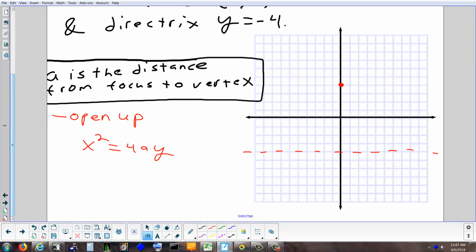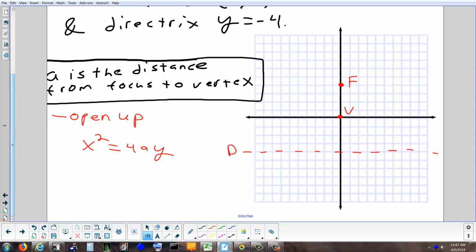A. But we've said that earlier. A is the distance from the focus to the vertex. Well, where's the vertex? It's halfway between. I tried to explain that earlier. The vertex is always halfway between your focus and your directrix.